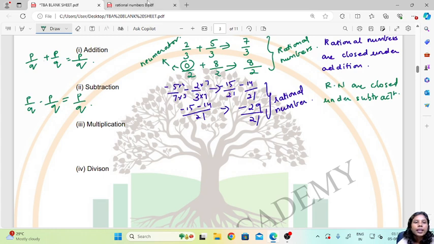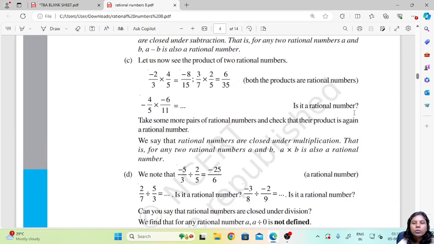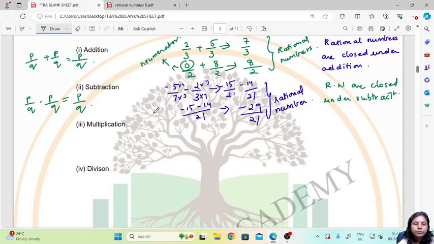Okay, then let's go down and look at the product of any two rational numbers. Say I have minus 5 upon 3 into 2 upon 4, and I have minus 8 upon 1 into 0 upon 3.